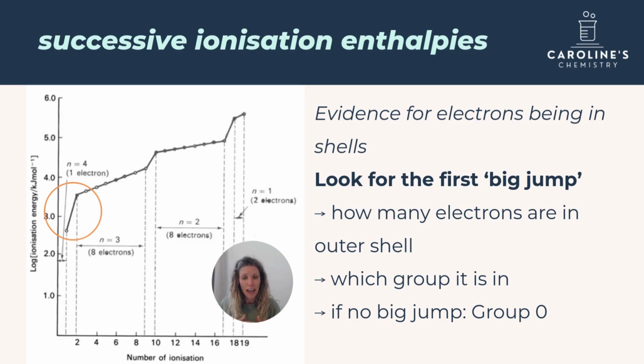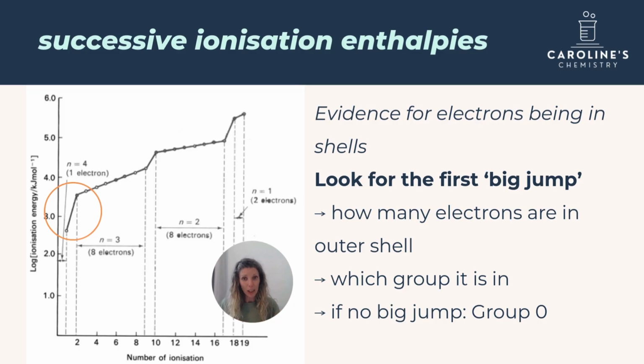Now, this example I have here is of potassium. So you can see there that potassium, you remove one electron and it's in group 1, so it has one outer shell electron first. That's the lowest ionization enthalpy. Then we have a really big jump. And the next electron, the second electron, requires much more energy to remove.